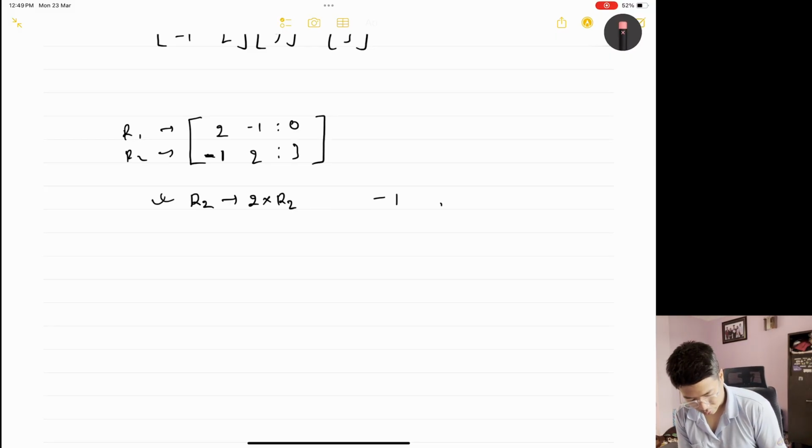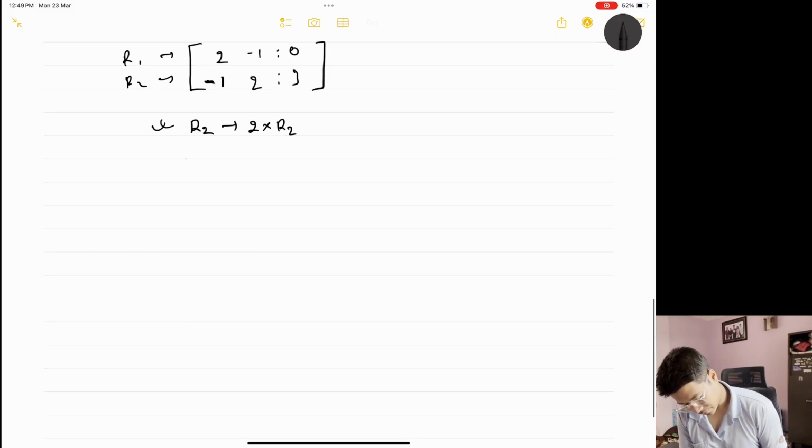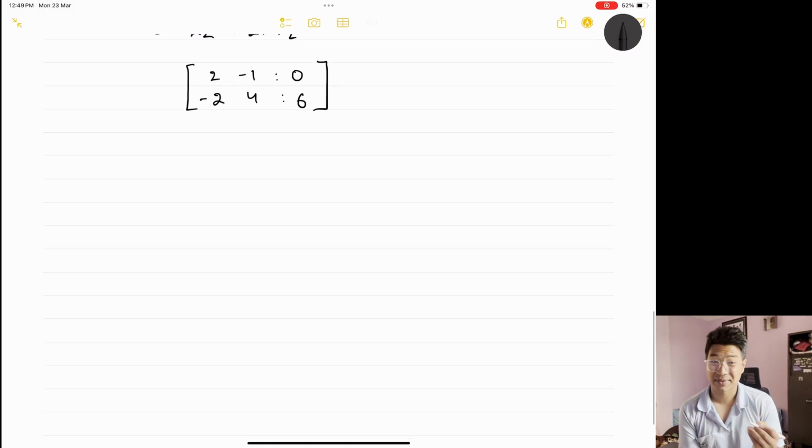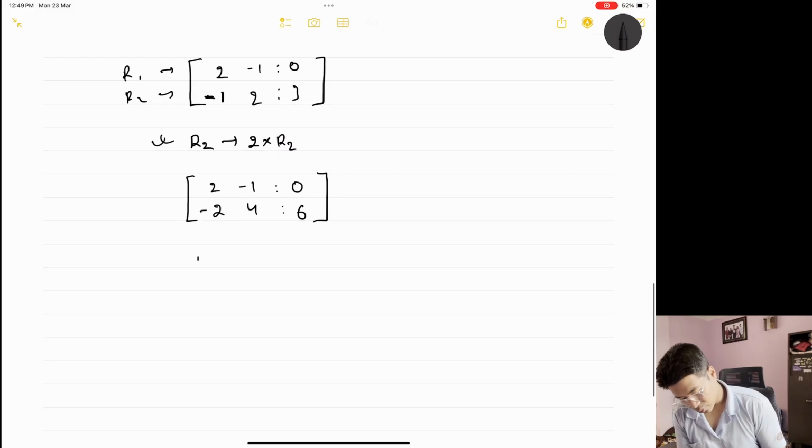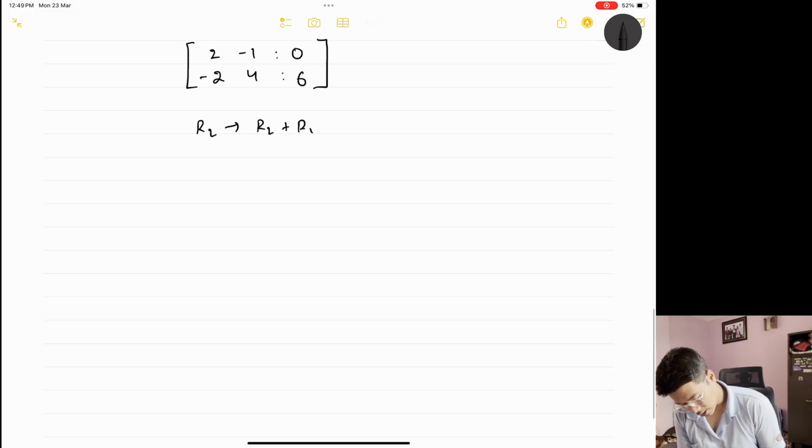So let's say I just do this right now. When I do this, I'm going to get 2, minus 1, 0, minus 2, and this is going to be 4, 3 2s are 6. It's kind of the same thing. And then I'm going to do r2 is basically r2 plus r1. Okay, and I'm going to get 2.